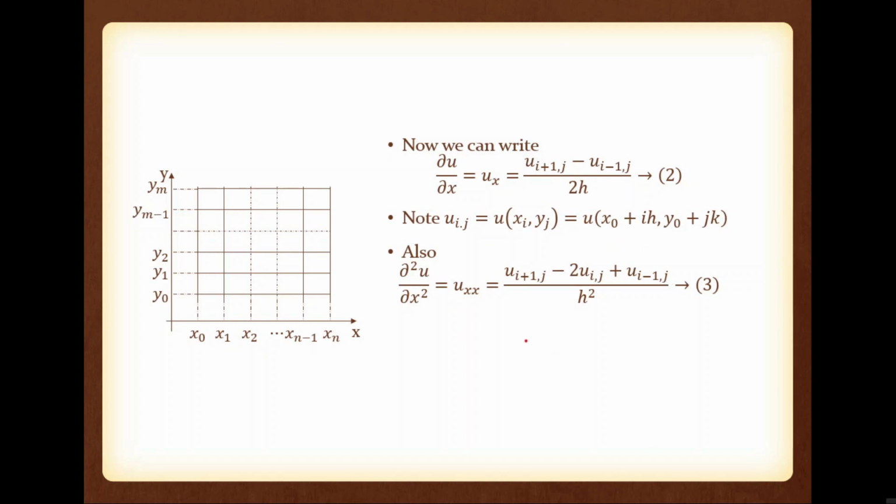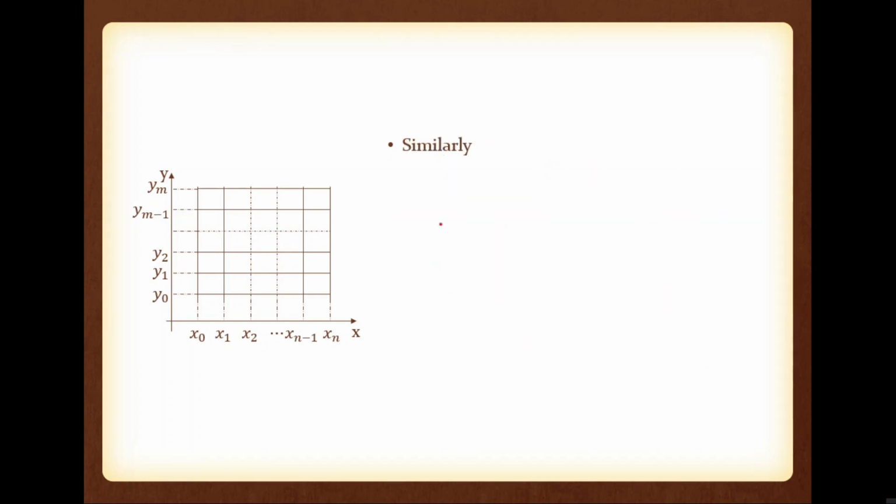So please note dou u by dou y. One minute. Okay, so similarly we can write dou u by dou y as uy, that is equal to u i comma j plus 1 minus u i comma j minus 1 divided by 2k. Do you have the same equation?